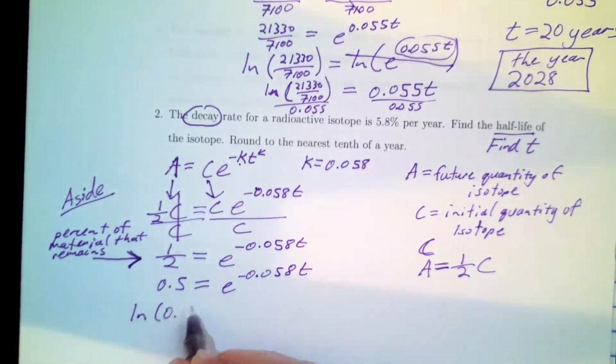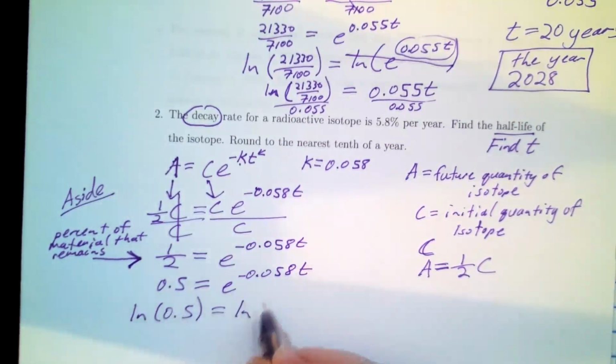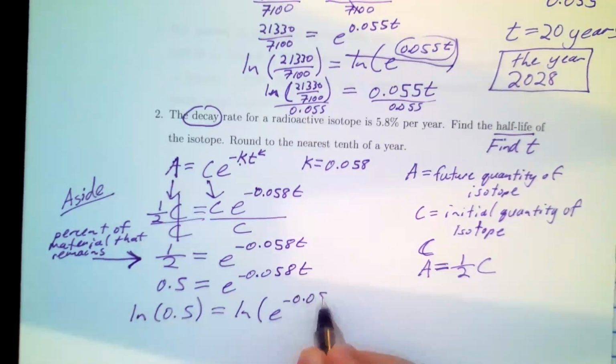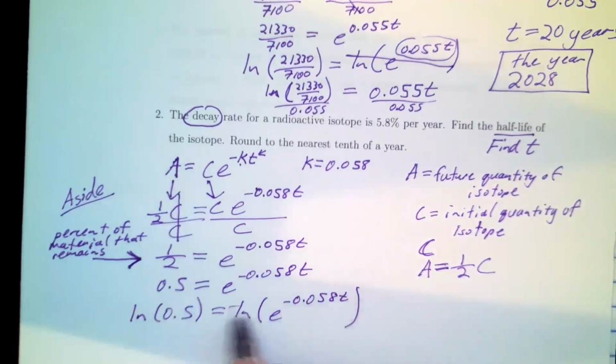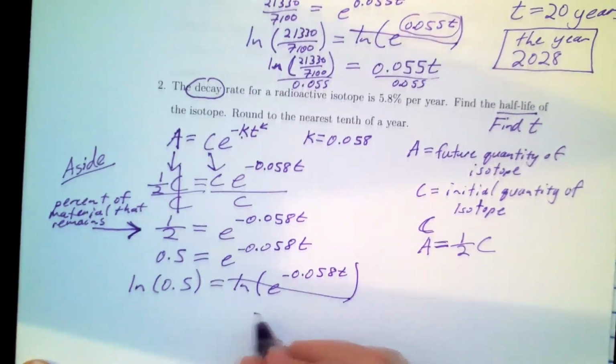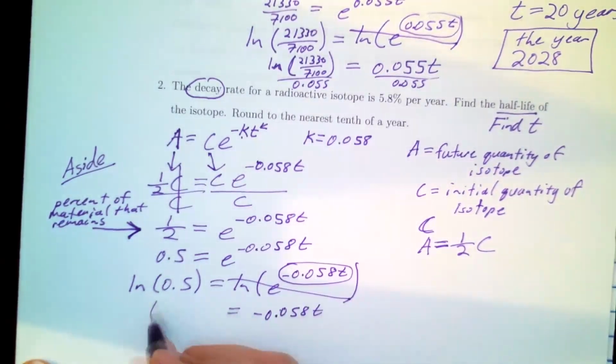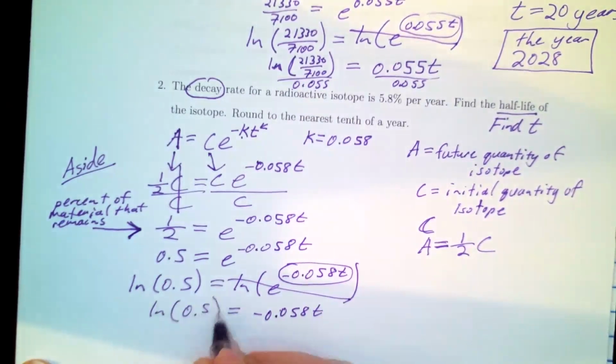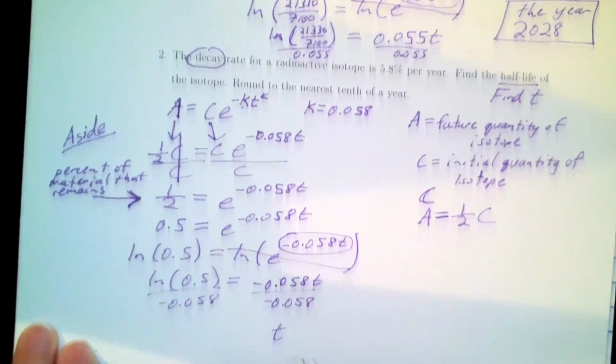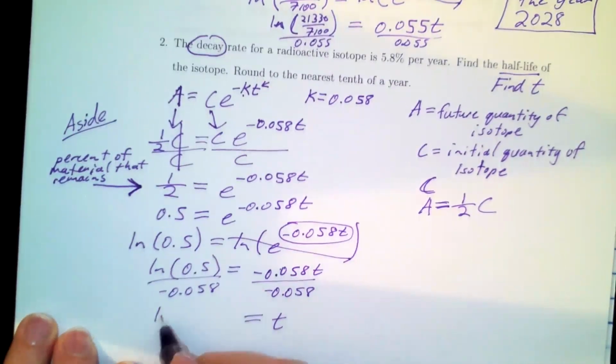I introduce a natural log on both sides to get rid of the E. The ln gets rid of the E, and I'm left with what's in the power there. Divide both sides by negative 0.058, and you can solve for your T by plugging this into your calculator.